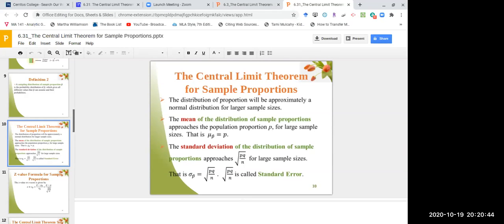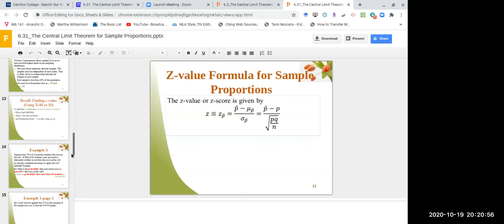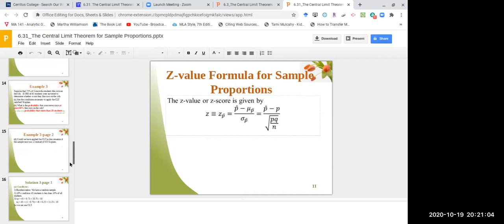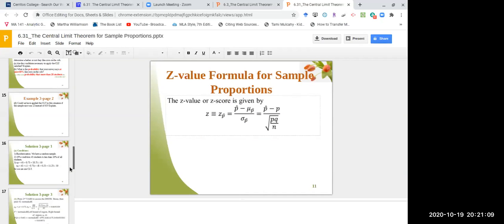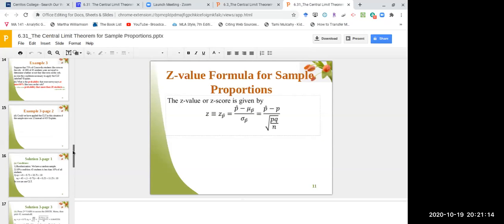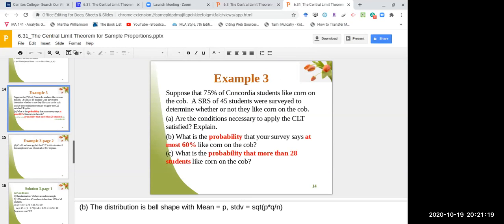You're going to see that she takes you through this statement, she takes you through working out the material, and then she takes you through finding it on your calculator. So you do have a problem that's fully worked out, just like the homework.